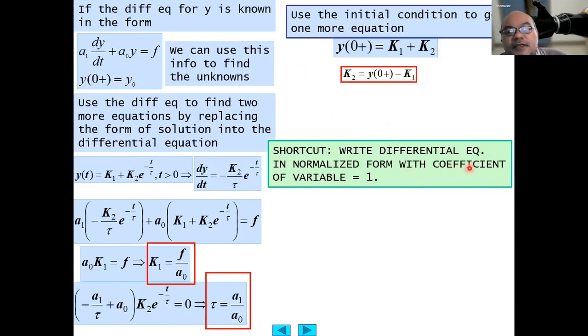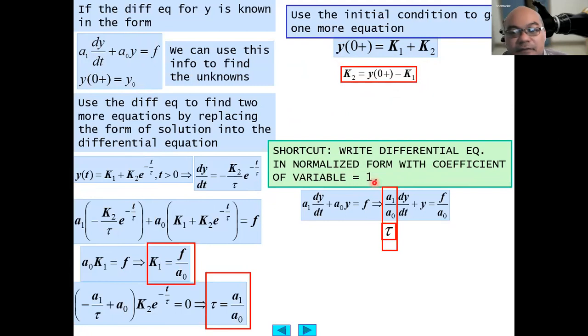Now write the differential equation in normalized form, with the coefficient of the variable equal to 1. So we have A1 dy/dt plus A0 y equals f. We divide by A0, so that we express the equation as A1 over A0 dy/dt plus y equals f divided by A0.